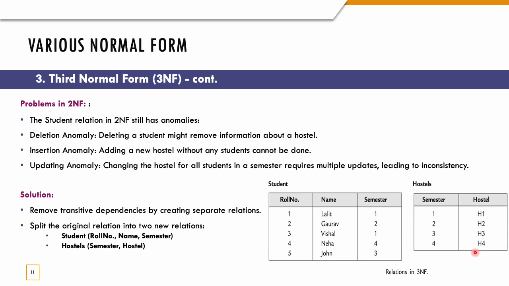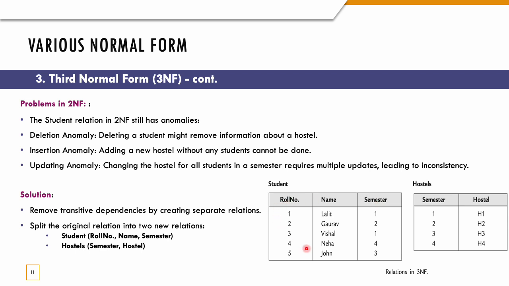So the solution: we need to divide it into third normal form, and we divide the student table into two tables. The student table with roll number, name, and semester.